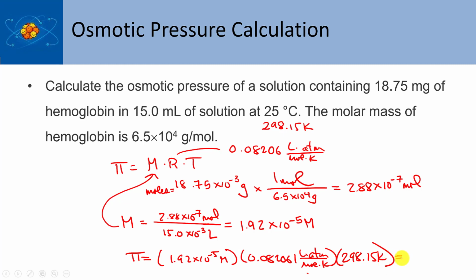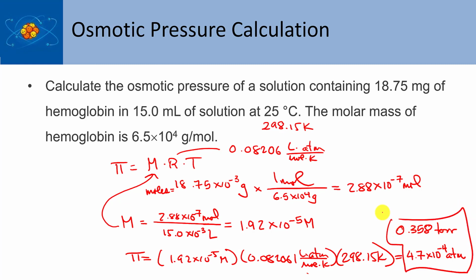That leaves 4.7 times 10 to the minus 4 atmospheres. Oftentimes this is calculated in millimeters of mercury or in torr, and I'll write that above here, 0.358 torr. Either one of these, depending on the units that are in the back when you look it up.